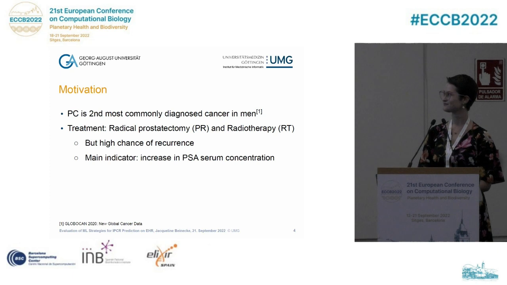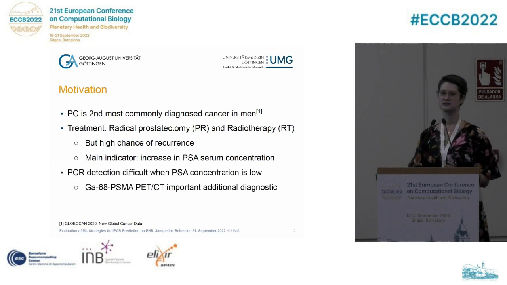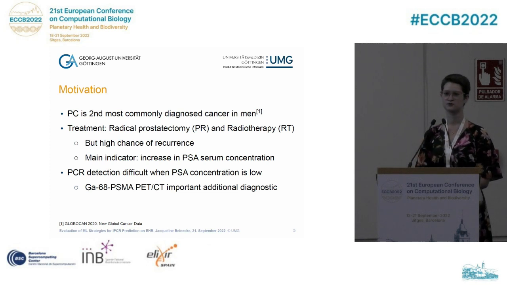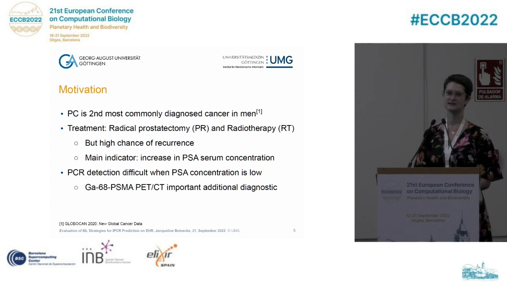prostate-specific antigen. The problem is that in the early stages of recurrence, the PSA values are quite low, so it's hard to detect the recurrence at this stage, but it's very critical to find the recurrence very early on, and that's why PET-CTs are used as an additional diagnostic tool.